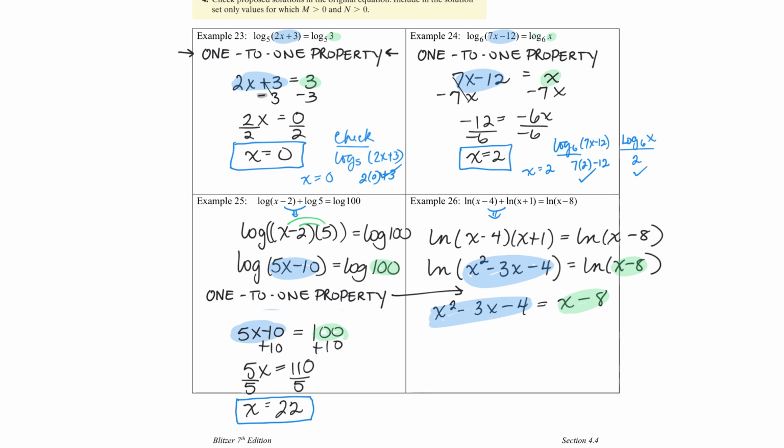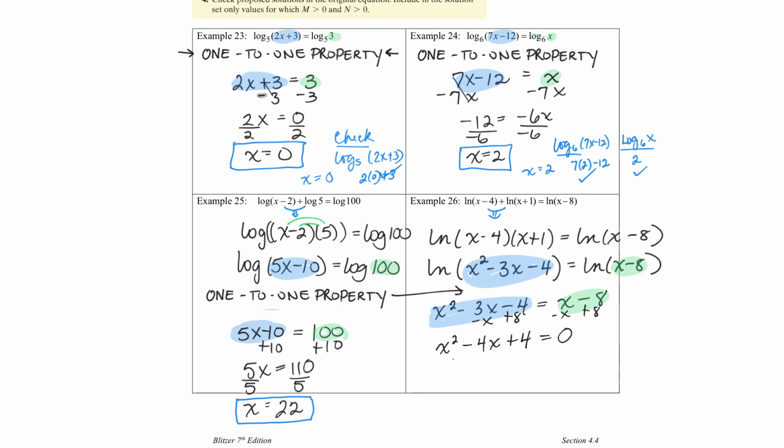I've gotten a quadratic equation here, so I need to set it equal to 0, right? So I'm going to subtract x from both sides, right? And I'm going to add 8 to both sides. And that's going to give me x squared minus 4x plus 4 is equal to 0, right?